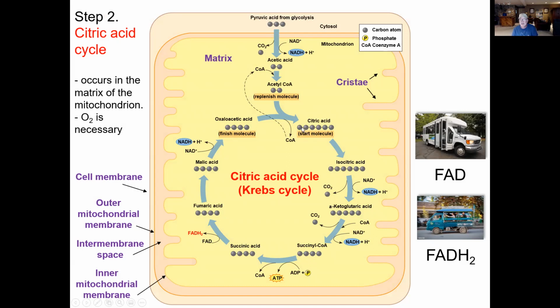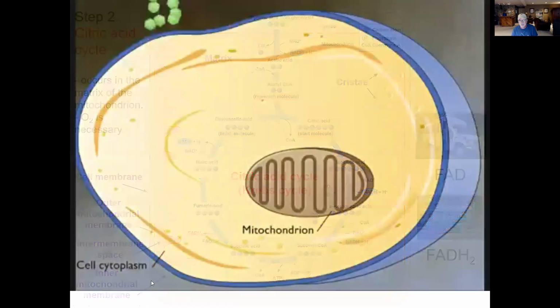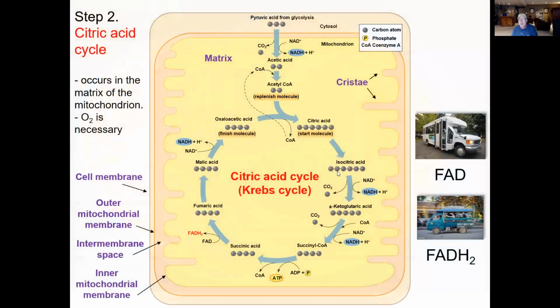So here's our citric acid molecule, it gets converted into another 6-carbon molecule, and then we pull a carbon off this isocitric acid, giving us a 5-carbon compound now. Remember, 6 minus 1 is 5. And that carbon that we pulled off goes into the formation of another carbon dioxide, which again is what you're exhaling right now.